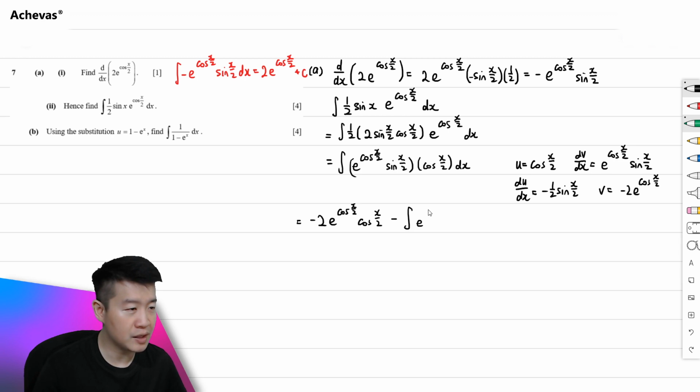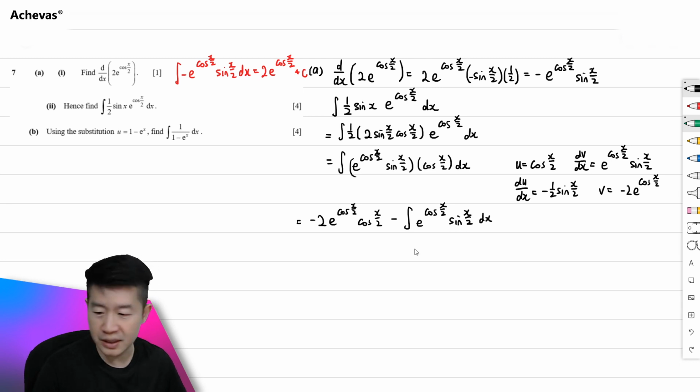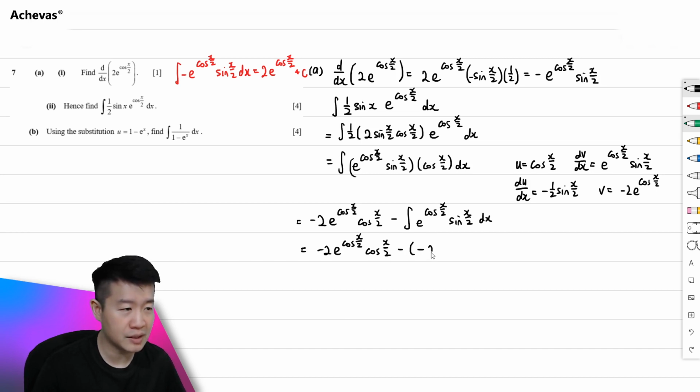These two multiplied together, so the minus will become positive, and 2 will disappear. This will leave me with e to the power of cosine x over 2, then sine x over 2 dx. And this happened to be exactly the same as what we have done in part 1. So I'm going to make use of my result in part 1 again. So minus 2 e to the power of cosine x over 2, cosine x over 2 minus, this will be minus 2 e to the power of cosine x over 2, then plus c.